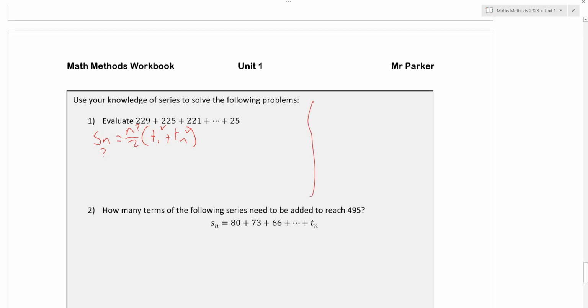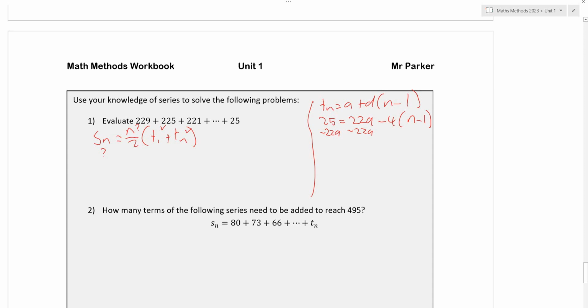To do that, we need our arithmetic sequence rule: Tn equals a plus d, bracket, n minus 1. If we sub in our known values, Tn is 25, a is 229, d is -4. To rearrange that, guys, take 229 off both sides.